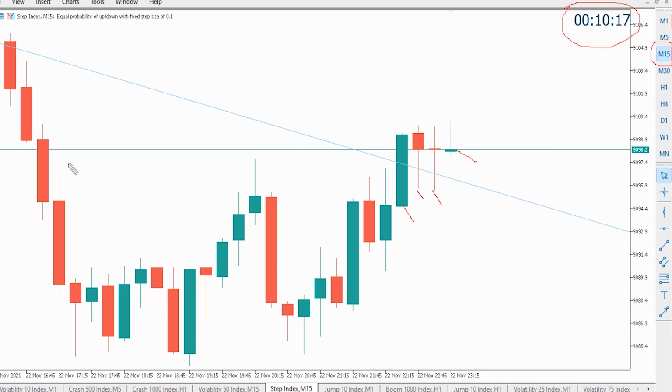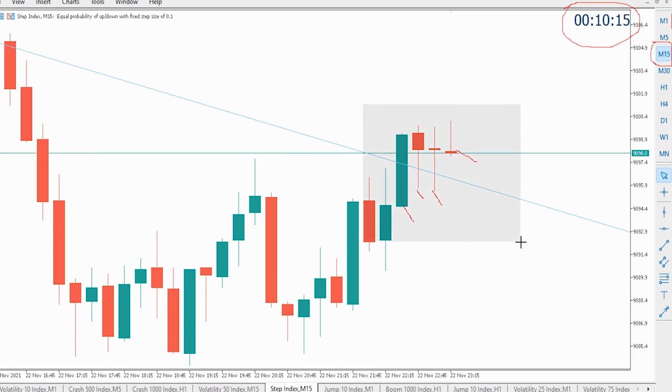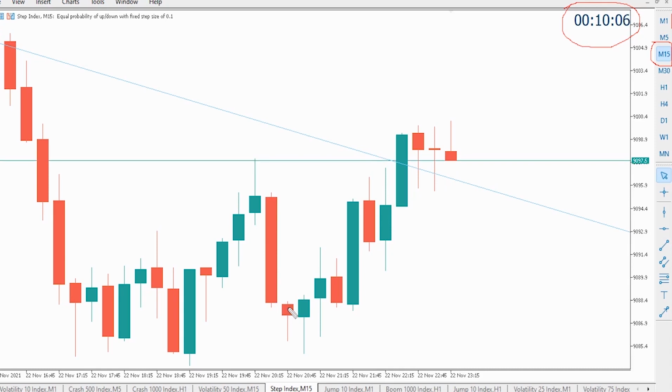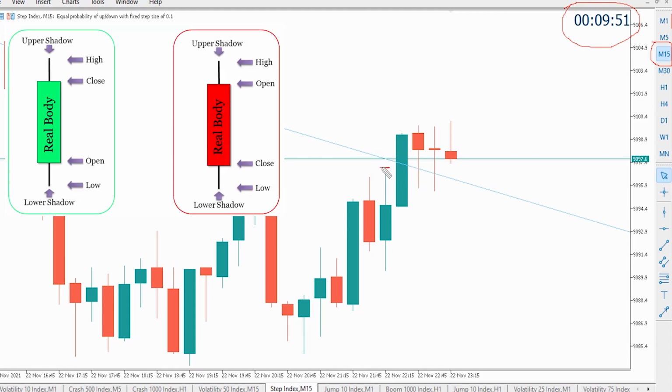Now, to the most important aspect of this video. You can see that some candlesticks are long while some are short, but despite that, they all took the same time to form. Now let's use this one for an example. This top here is the highest point the candle moved during its formation.